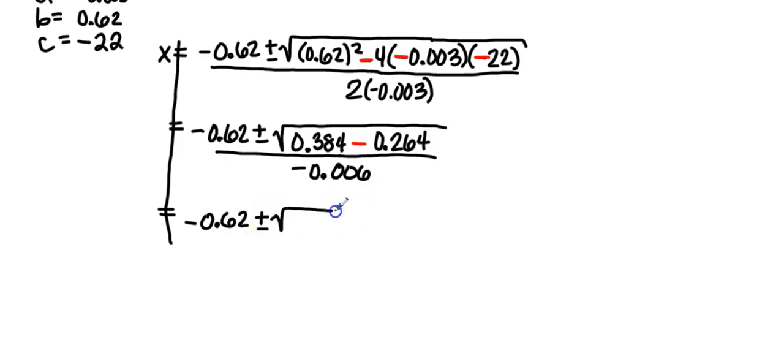In my calculator, I can do this subtraction right here: 0.384 minus 0.264, and we get 0.12, all divided by, still, negative 0.006. Notice how it's getting smaller from step to step, which is really nice.